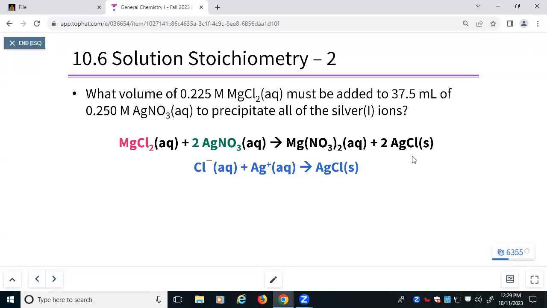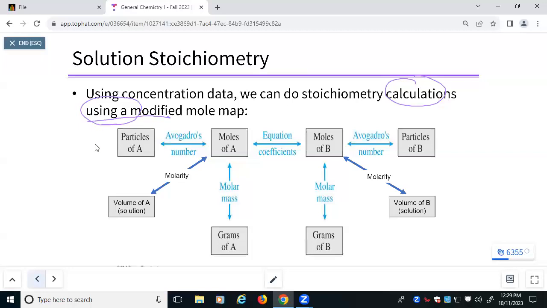First of all, we have our starting goods. We have our volume of silver nitrate, and we have its concentration. What we're trying to figure out is the volume of a different substance. Now, coming back to our mole map here, if we're trying to organize ourselves, we're starting here.